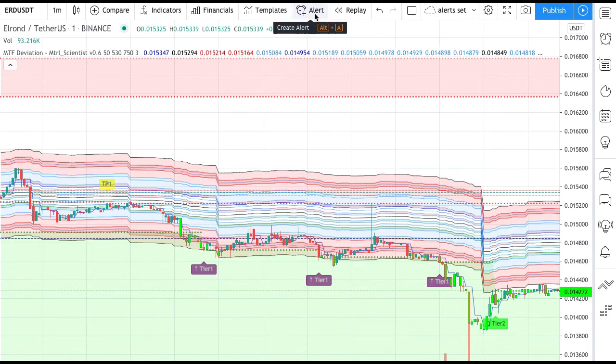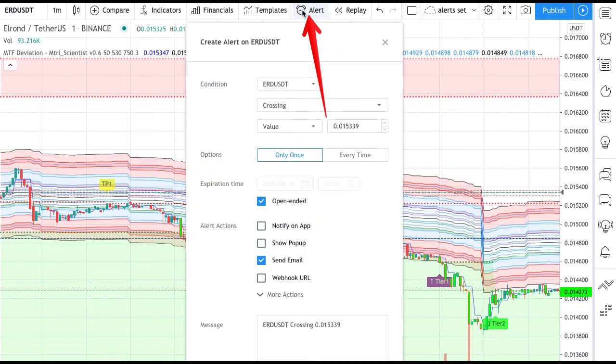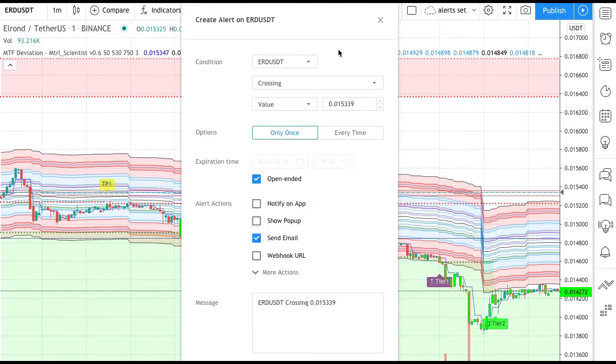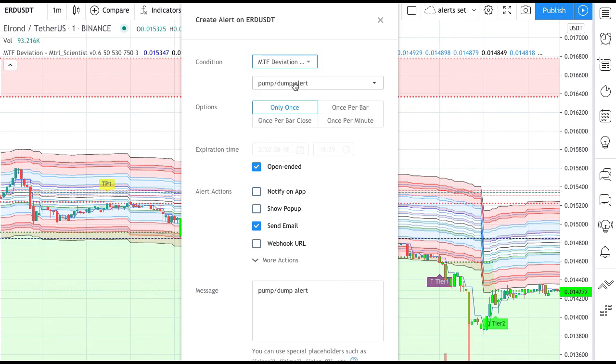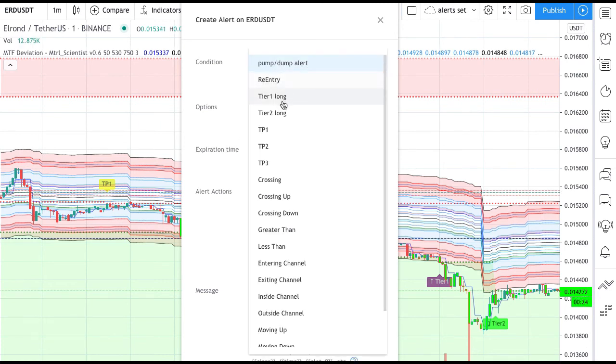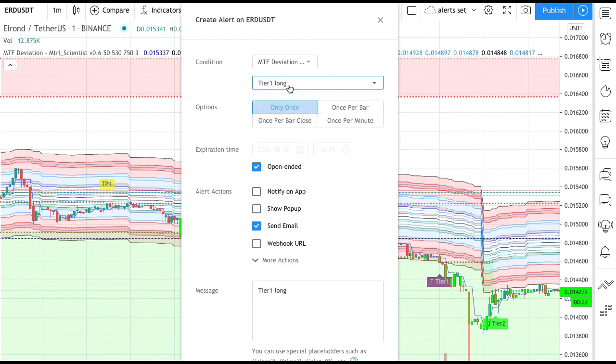So we're going to click on the alert button at the top of the page. And then a dialog box pops up. In it, we'll see create alert on ERD USDT or whatever the pair is that you're on. And then for condition, you're going to choose MTF deviation. And then for the subcondition to that condition, you're going to either choose usually tier 1 or tier 2.